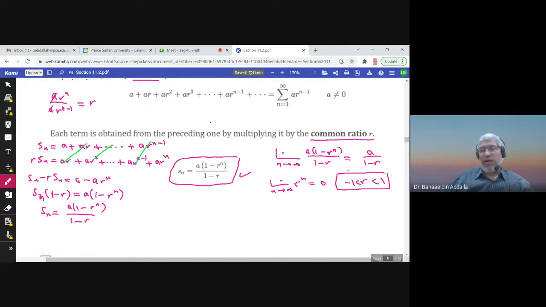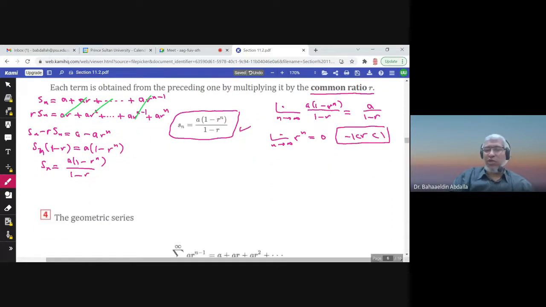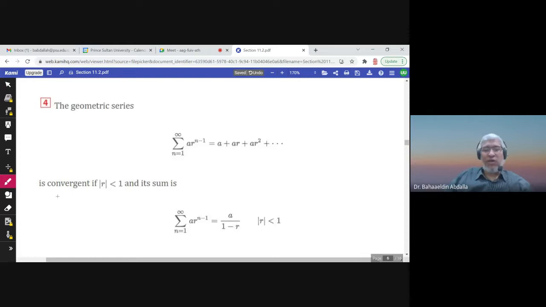So if r is between -1 and 1, S_n has a limit, a number. a is the first term, r is the common ratio. Just divide the first term by 1 minus the common ratio, and you get S. Then the geometric series is convergent only if the absolute value of r is less than 1, which is the same as writing r between -1 and 1. So these two are the same.